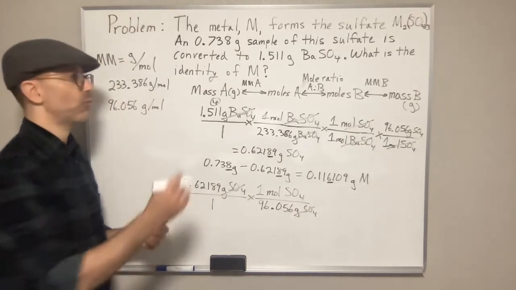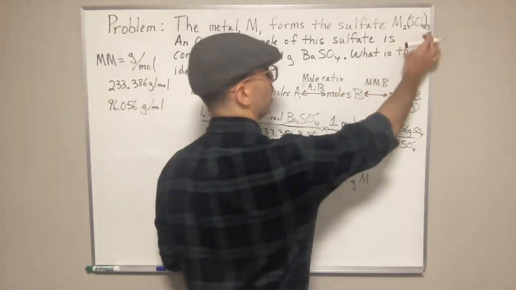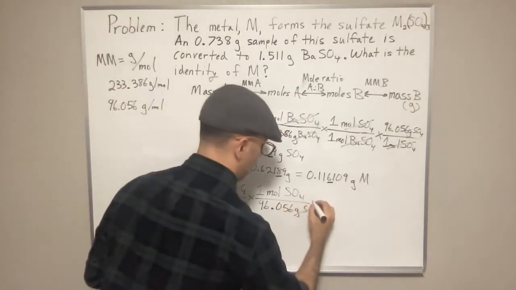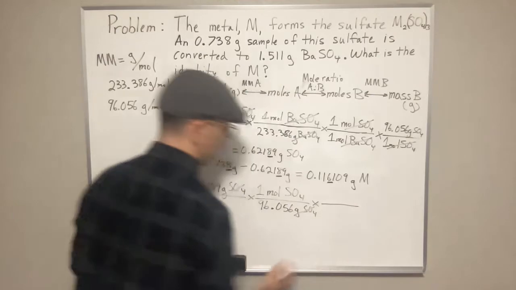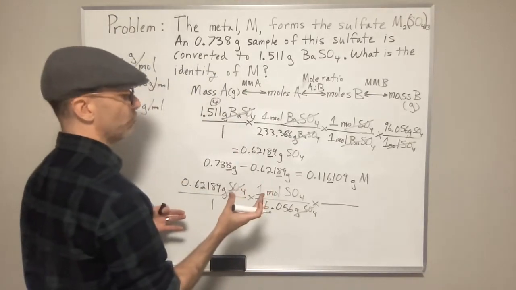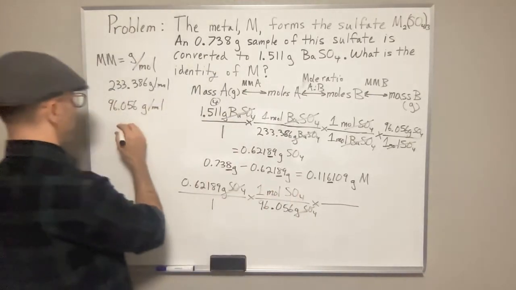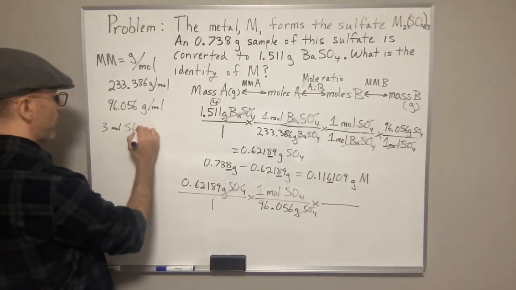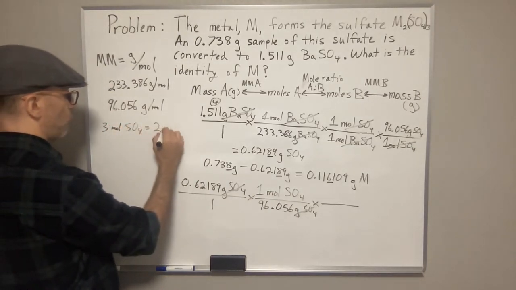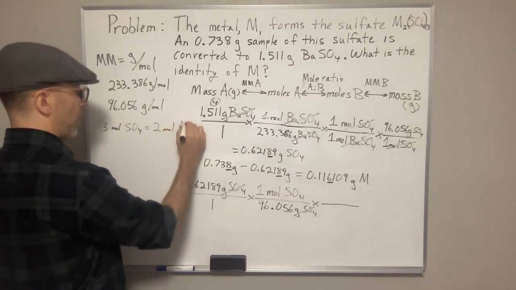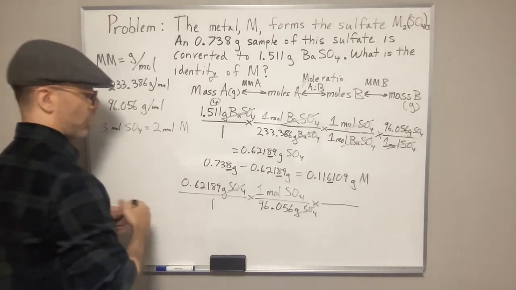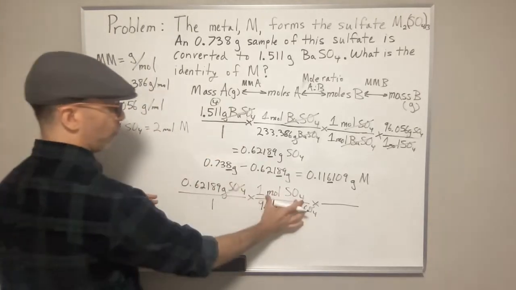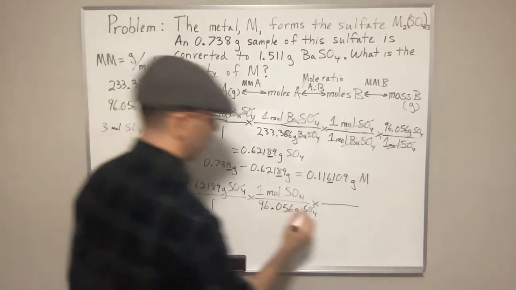Now I can use the mole ratio from my formula, 3 sulfate to 2 metal. So I'm going to set that up. For every 3 moles of sulfate, I need 2 moles of my metal. I have moles of sulfate on the top, so I need moles of sulfate on the bottom.